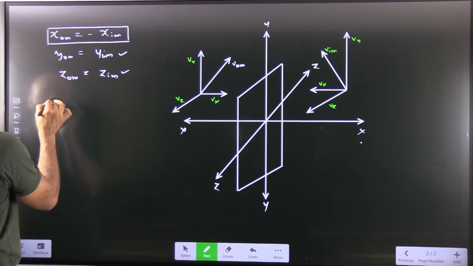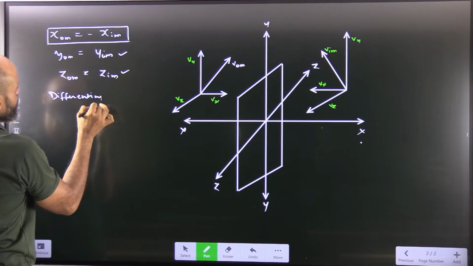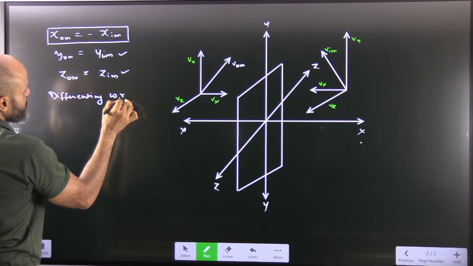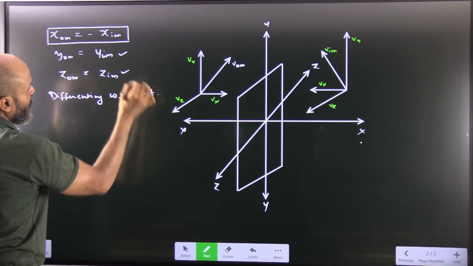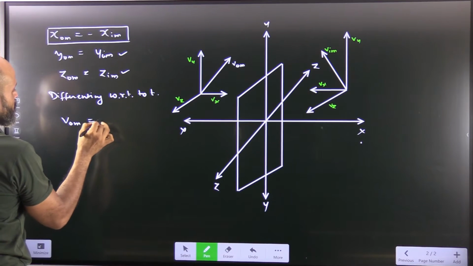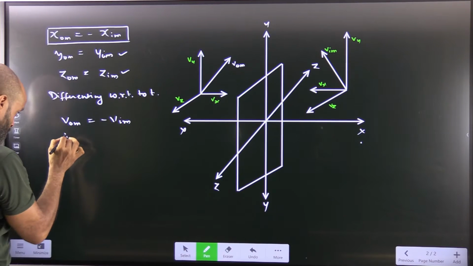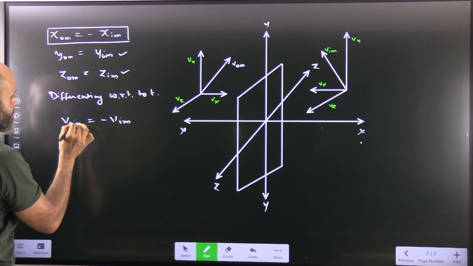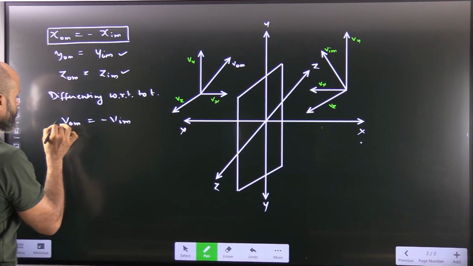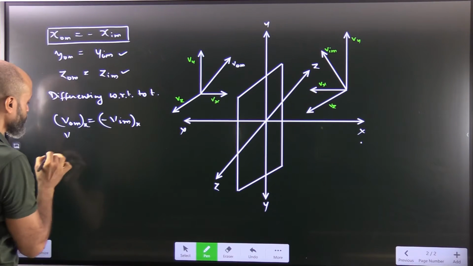So if I differentiate all of these with respect to t, then what we get is velocity of object with respect to mirror is minus of velocity of image with respect to mirror along the x direction. So along the x-axis, this will be the case.